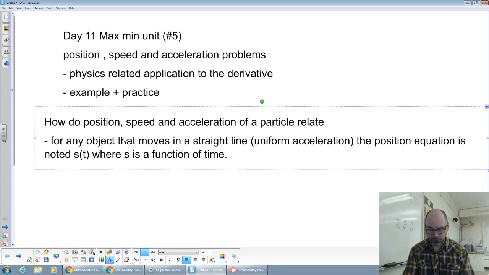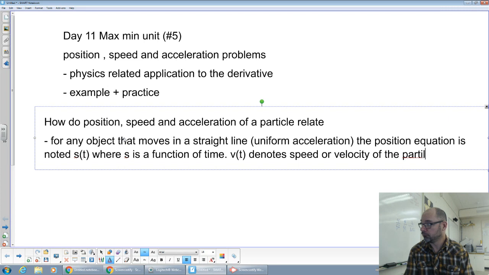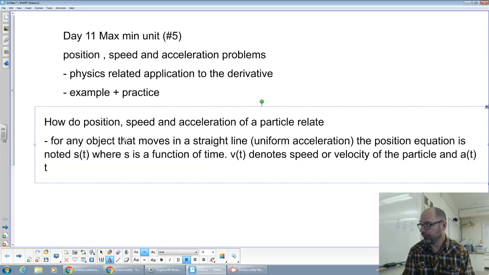Here V(t) denotes speed or velocity of the particle. And A(t), the acceleration of the particle.